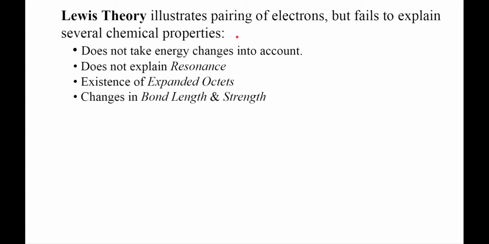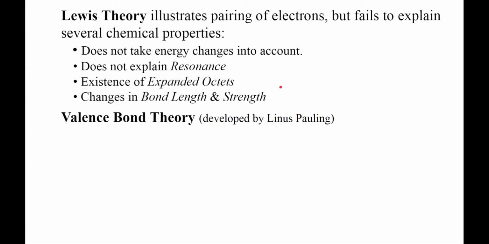But when you only go based on that, there's a number of different things it doesn't take into account, largely energetics, how resonance is a thing, how you can have things like expanded octets, and also why certain bonds are stronger or longer or shorter or weaker than others. Lewis theory doesn't really address it, and it was the earliest bonding theory.